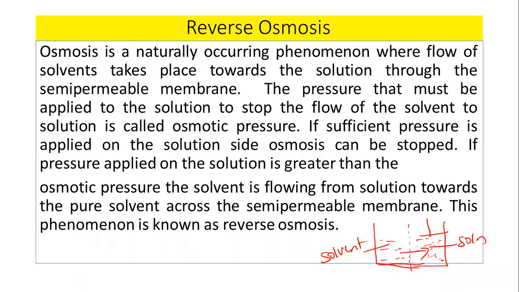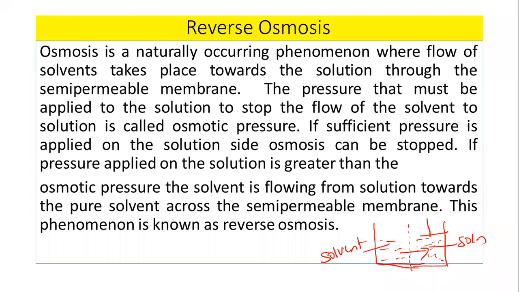That is called reverse osmosis. So if the pressure applied on the solution is greater than the osmotic pressure, then the solvent flows from the solution side to the pure solvent across the semi-permeable membrane. This phenomenon is known as reverse osmosis.